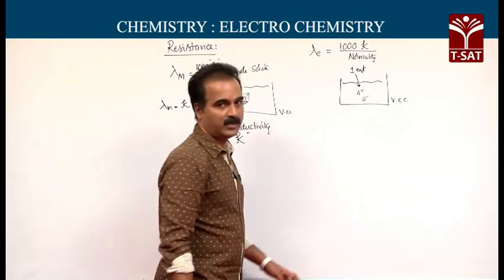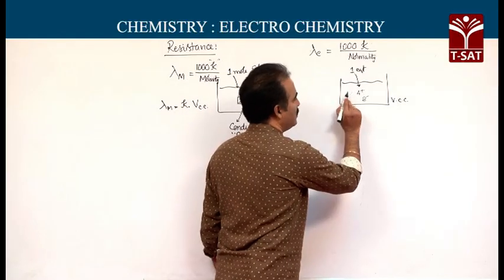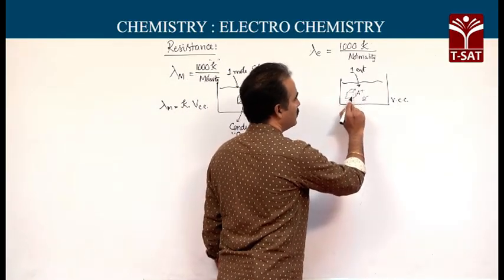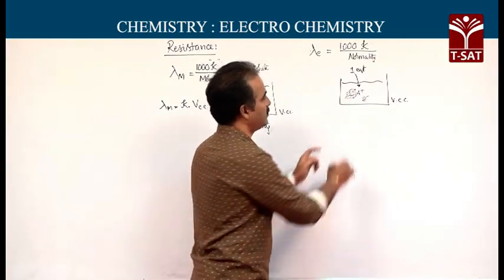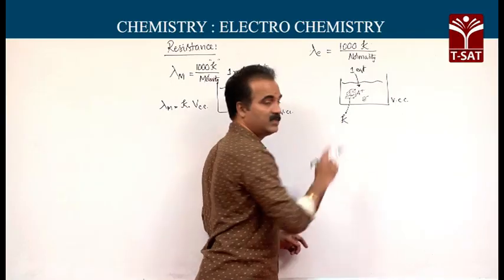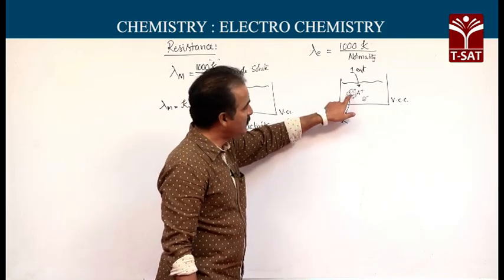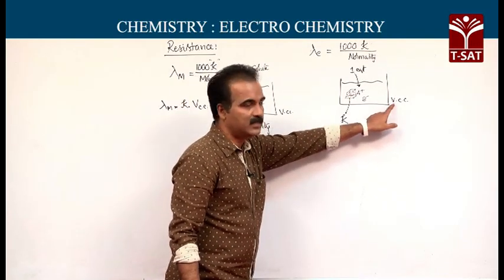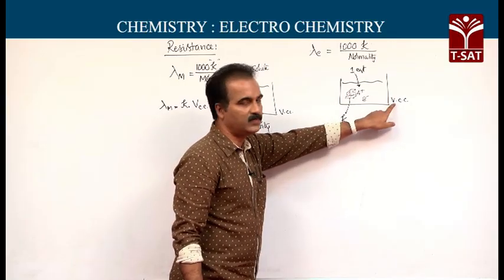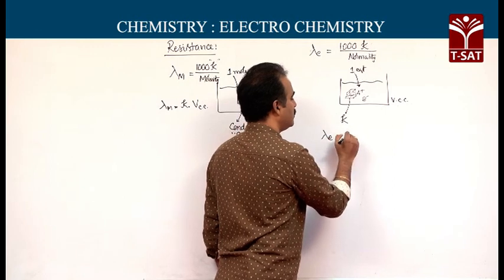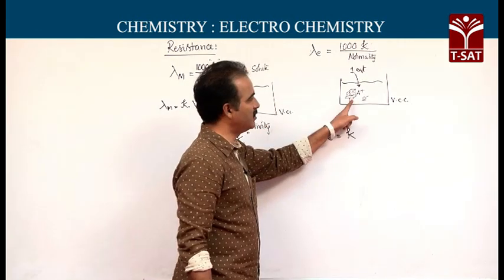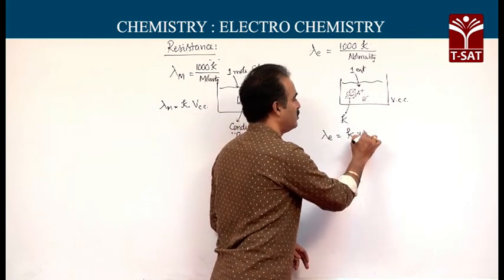concentration of this solution. 1 cc will show certain conductance. We call it what? Specific conductance. This is for 1 cc, and there is V cc of solution. Altogether, equivalent conductance is conductance due to 1 cc into total volume of solution.